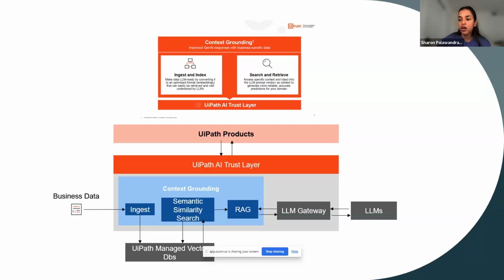For example, if we talk in a setting, if it's emotional, if it has different contexts, the semantic similarity search can identify similar searches. RAG, retrieval augmented generation, is another principle within context grounding. And I'm just letting you know the art of the possible within UiPath.